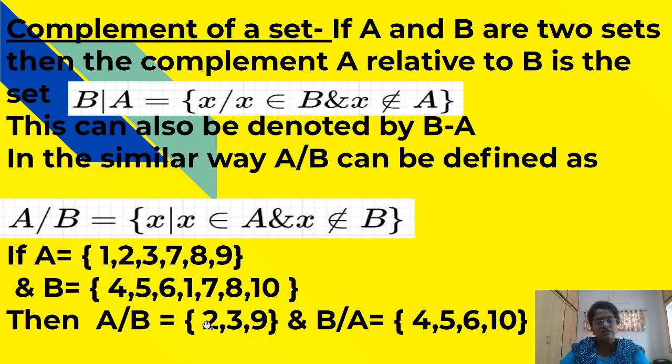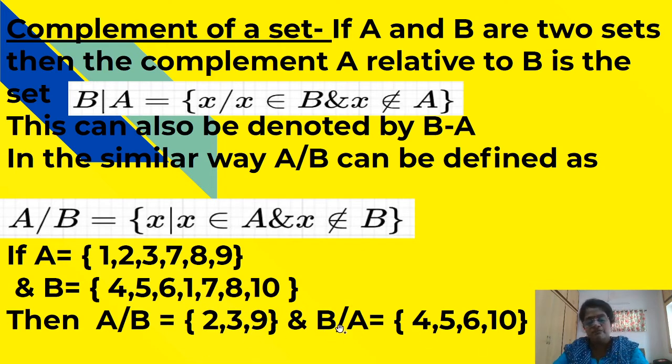You can see that 2, 3, 9, all these 3 belong to A but they do not belong to B, and therefore A by B will contain 2, 3 and 9, these 3 elements.